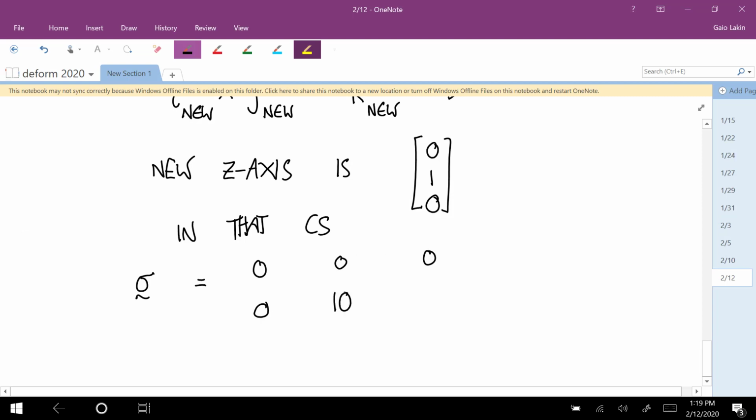Positive 10 for the y, because our y-axis was the eigenvector for the 10. And then negative 5. And this is in megapascals.